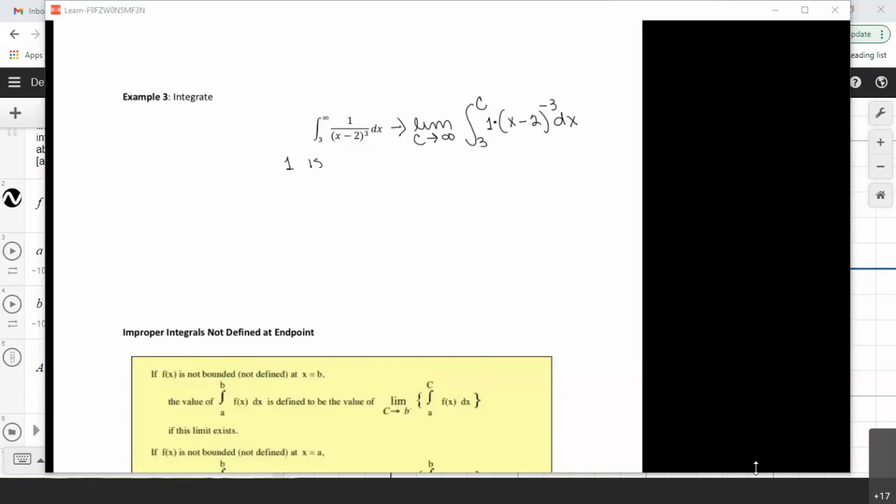One is the derivative of x. Okay, yes, absolutely. So since I'm seeing a product of functions and one function is part or the derivative of the other function, okay, I'm going to use substitution.